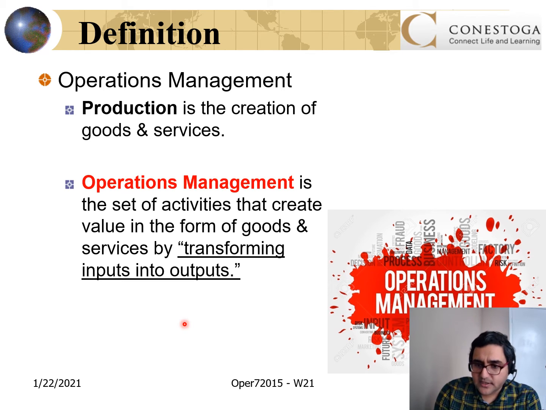The same way we looked at the case of Toyota, and we saw the example of how Toyota was able to create the things better than Ford. So the operations management in that particular case refers to creating better quality cars with no defects.